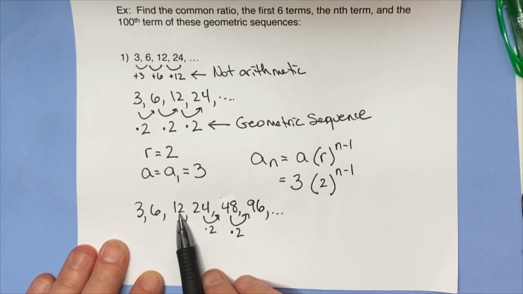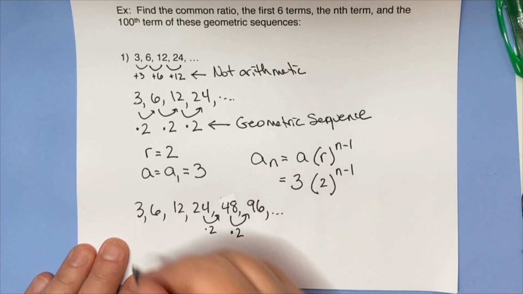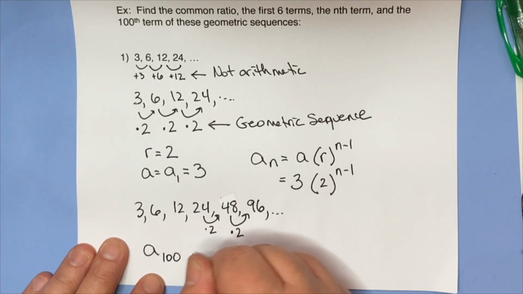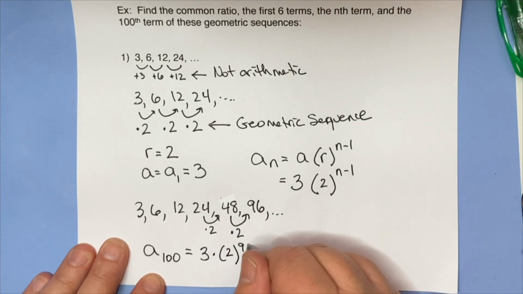So here are the first 6 terms. Here's the general term. And what's the 100th term? A sub 100 is going to be 3 times 2 to the 99th power.